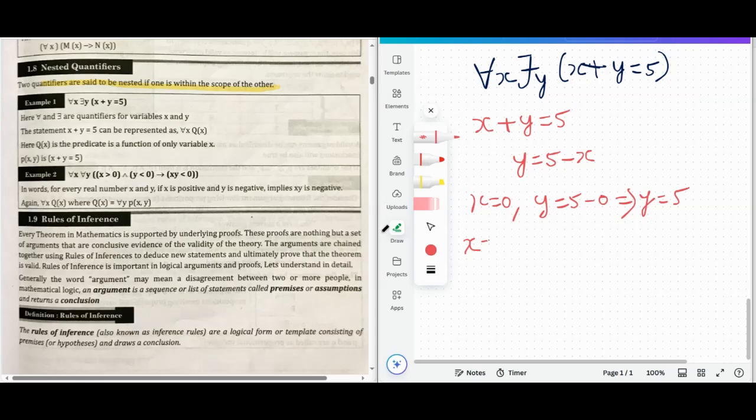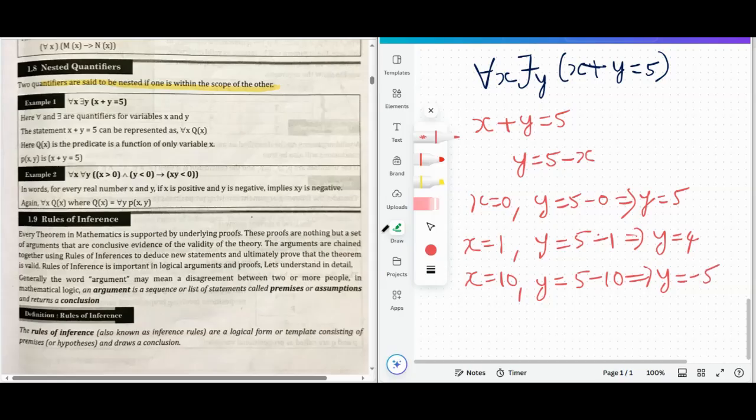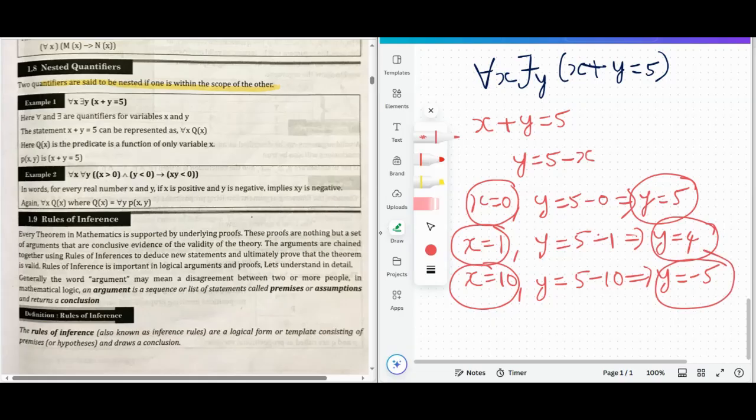If you take x equals 1, y will be 5 minus 1, which is 4. If I take x equals 10, y will be 5 minus 10, which is minus 5. This means if you have an x value, then you get a y value. For every x there exists a value y. That is nothing but nested quantification.